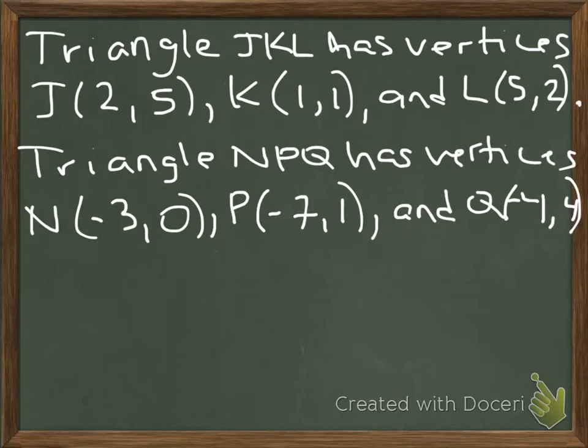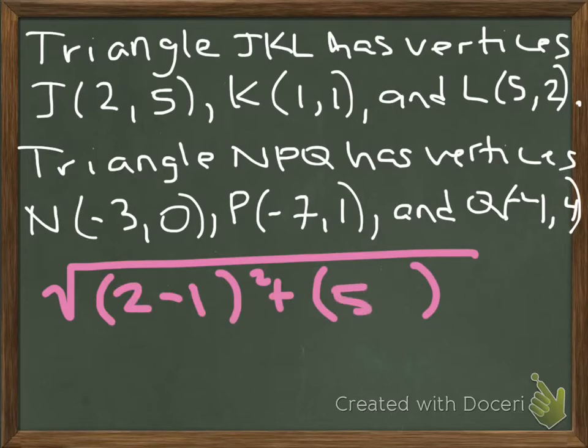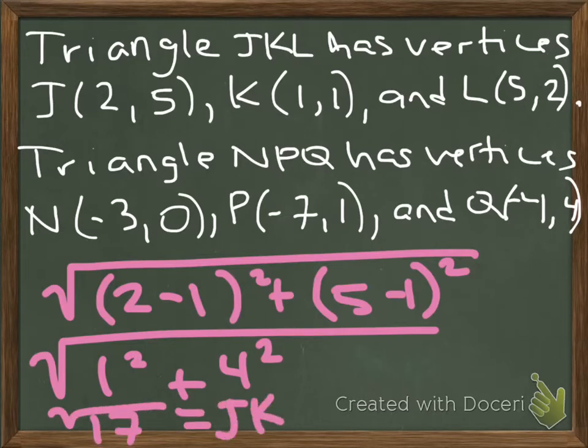That means we're using 2, 5, and 1, 1. Using the distance formula, that's going to be our y's and our x's. So 2 minus 1, 5 minus 1. That gives us 1 squared plus 4 squared, or 1 plus 16. So between JK, that's going to be the square root of 17.